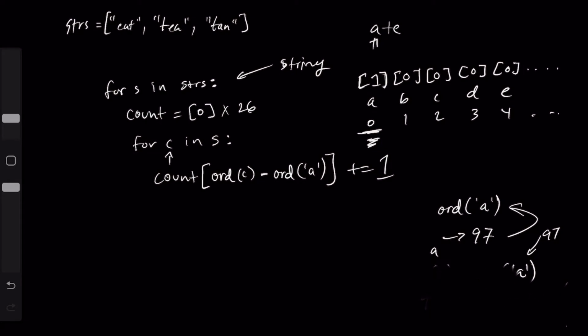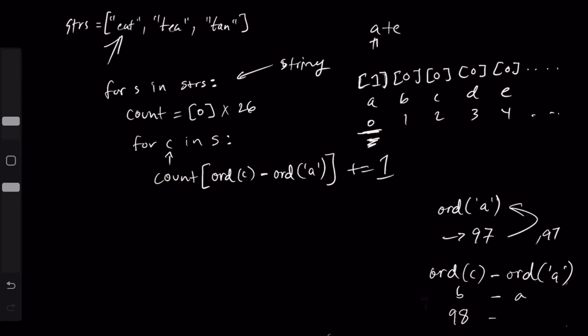So we have ord of c, which is the character inside of the word, minus ord of A. That's what our code is going to look like. Let's say this was B. B minus A would be 98 minus 97, which is equal to 1.